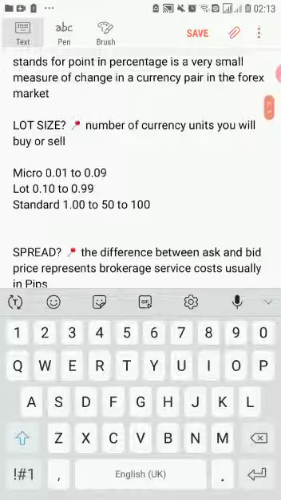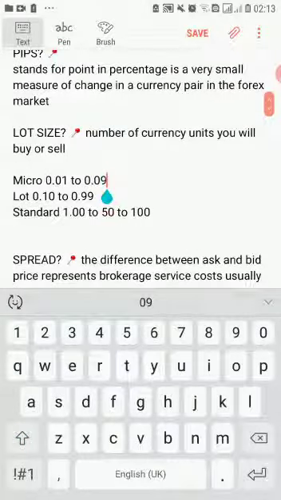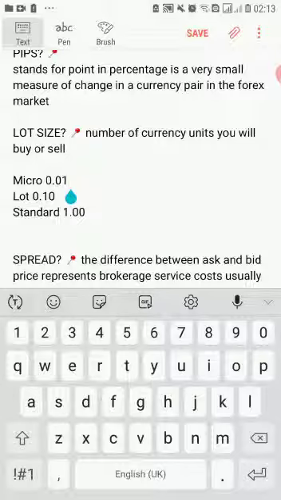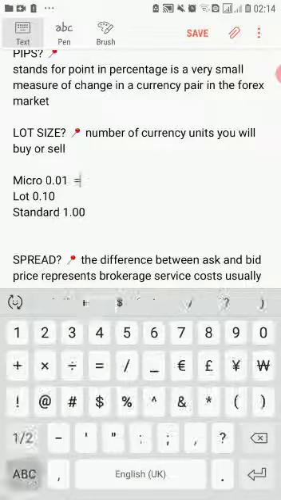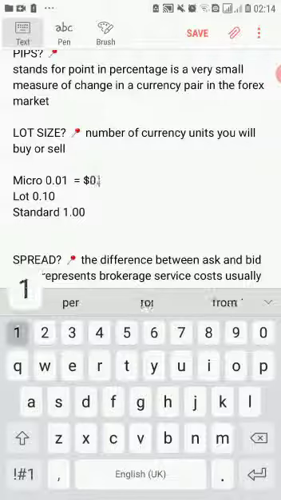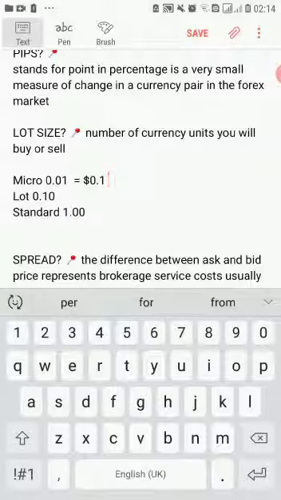With a micro lot of 0.01, this is the lot size, but the lot value, I'll just use the base currency dollar, is equivalent to 0.1 in terms of dollars, which is the same as 10 cents.